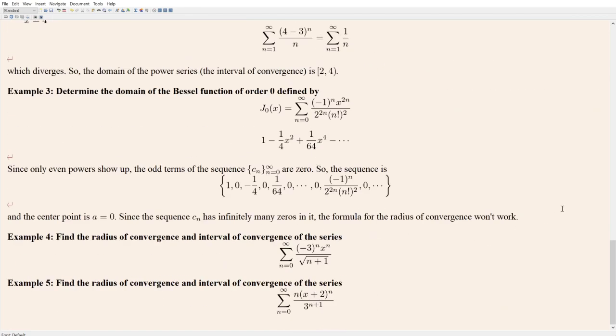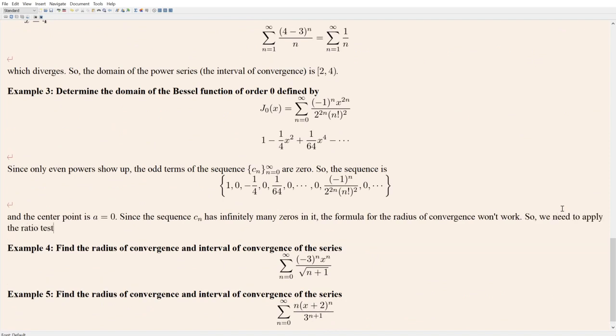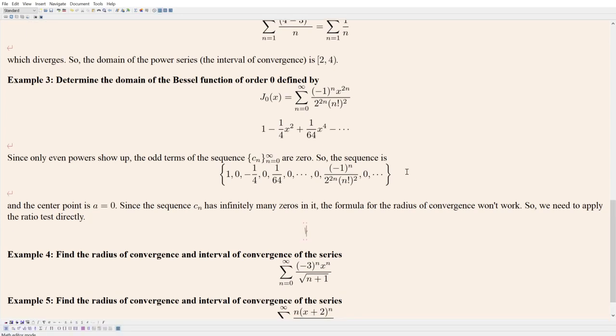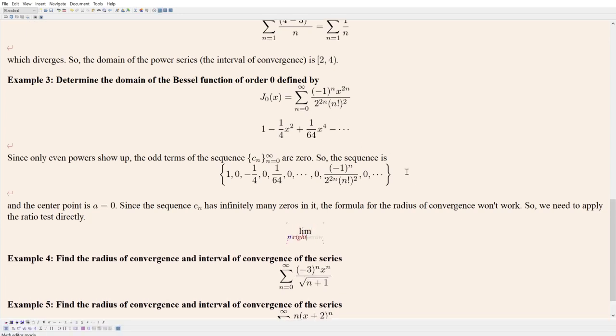So that's no good. So we need to apply the ratio test directly, by which I mean directly to the series, with x and n and everything in it. So it's going to be ugly, but it'll work.